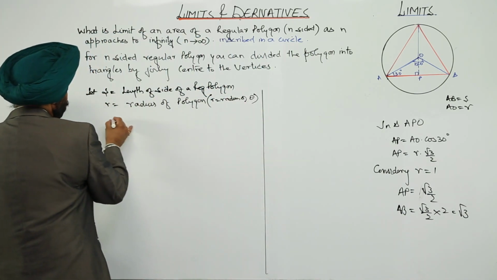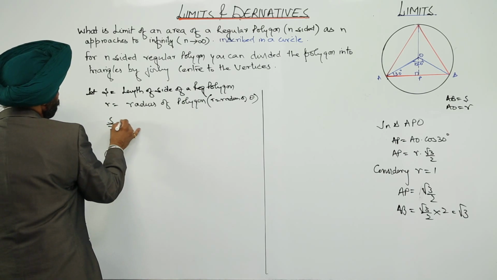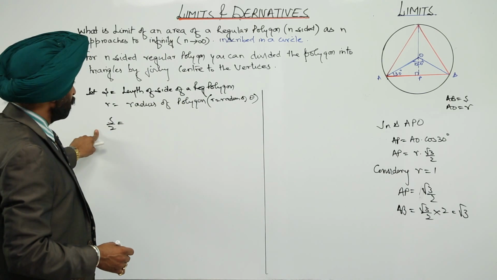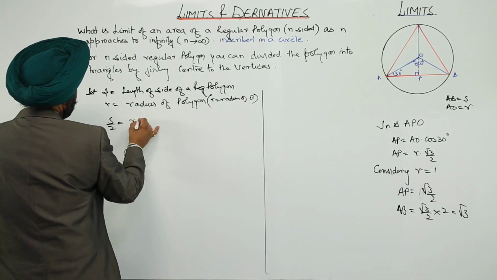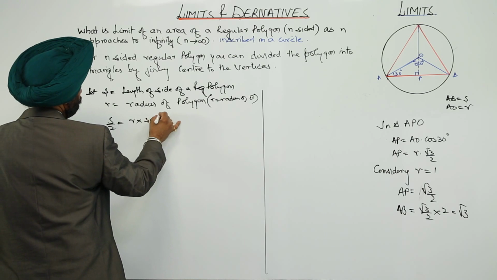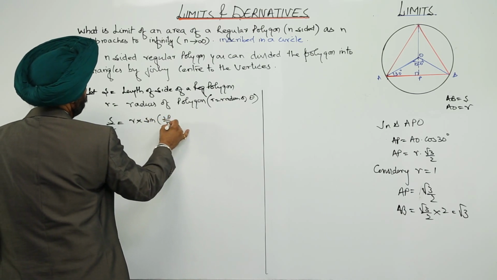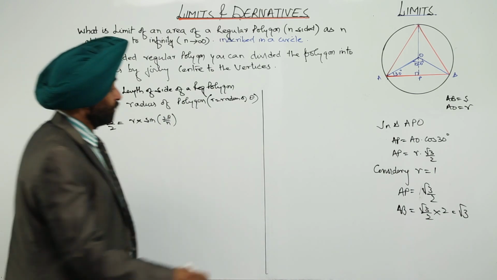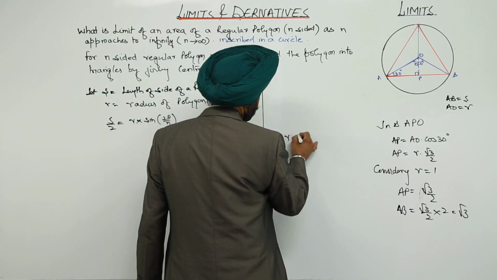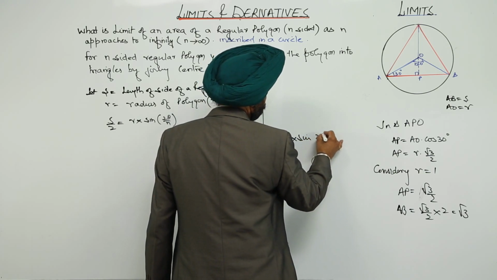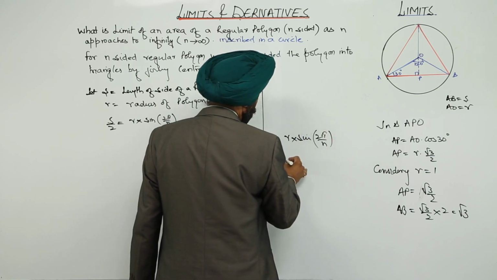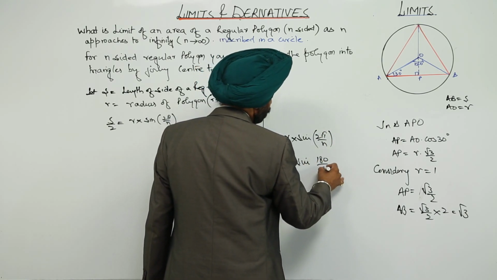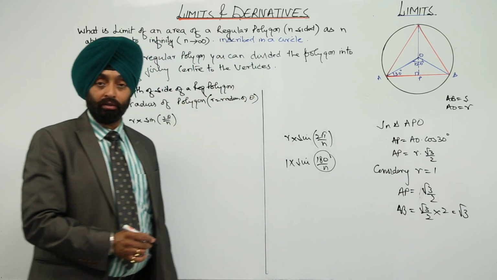Now can I write, just look here, S upon 2 is equal to R times sine 2 pi upon n, where S is the length of the side of a regular polygon. Now R is 1, 2 pi is 180 degrees and the number of sides we are having here is 3.